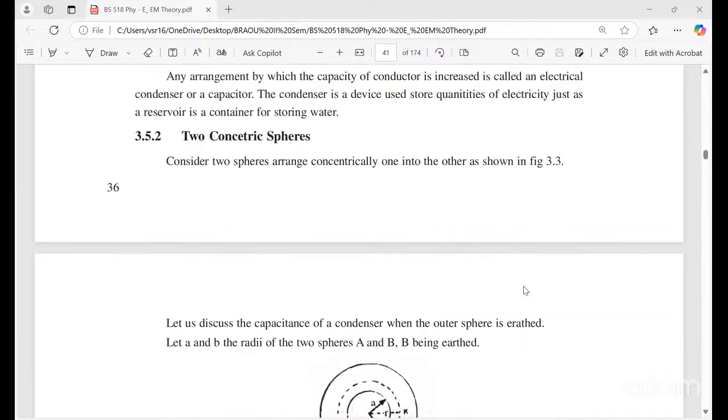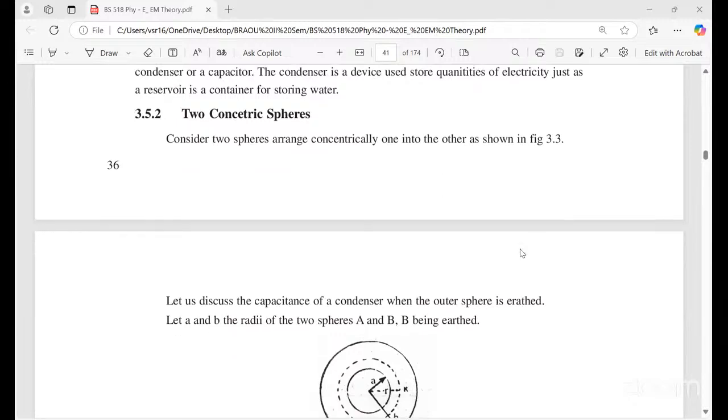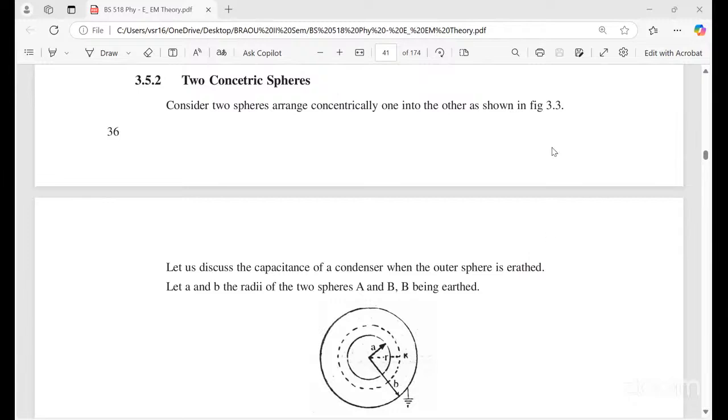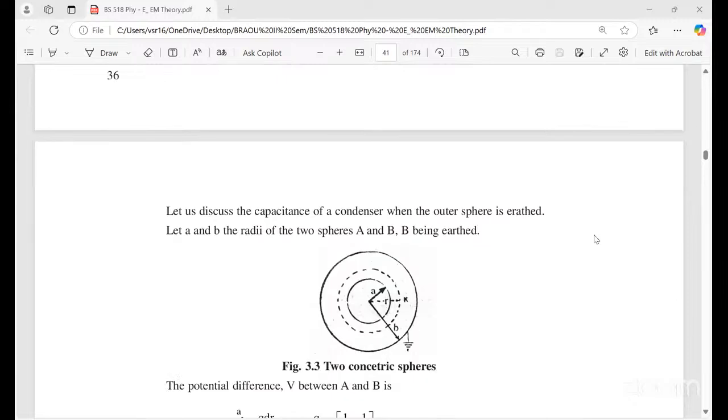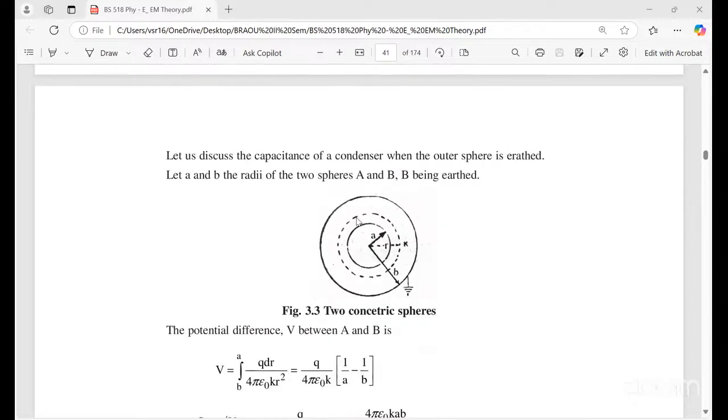So one of the best example applications is two concentric spheres, which are arranged concentrically. This is the figure.